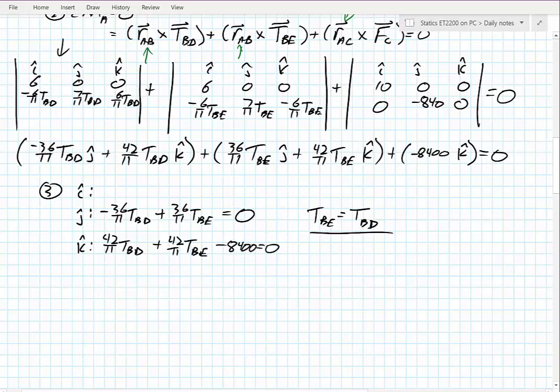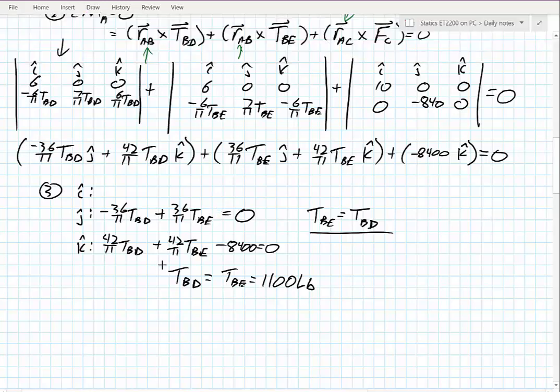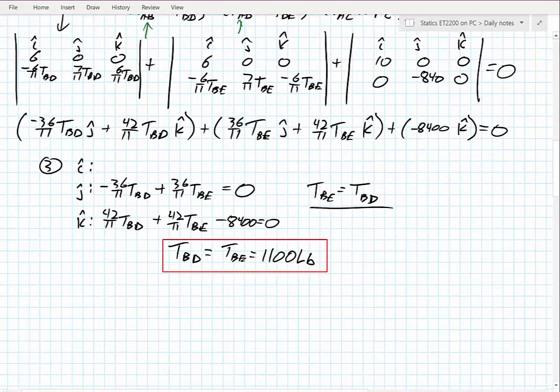So of course TBD and TBE are the same, so I can solve that, and what I find out is TBD is equal to TBE, but they're both equal to 1100 pounds. The way I'd solve this is I would just make BE BD and then have 84 over 11 and solve for it that way.